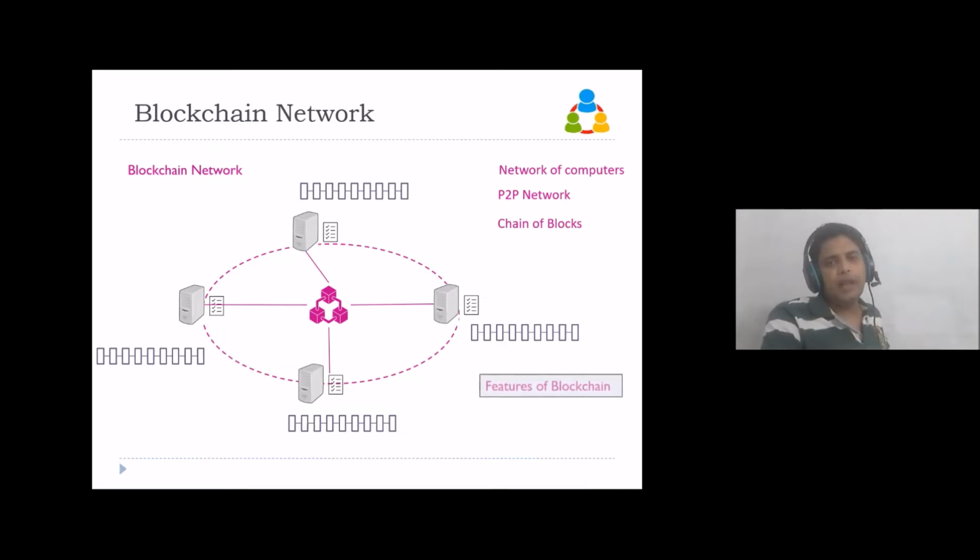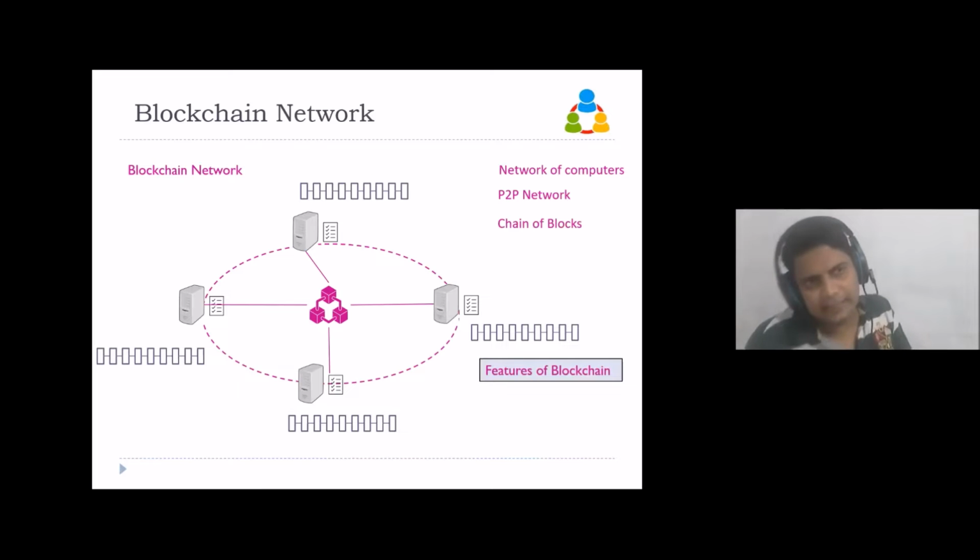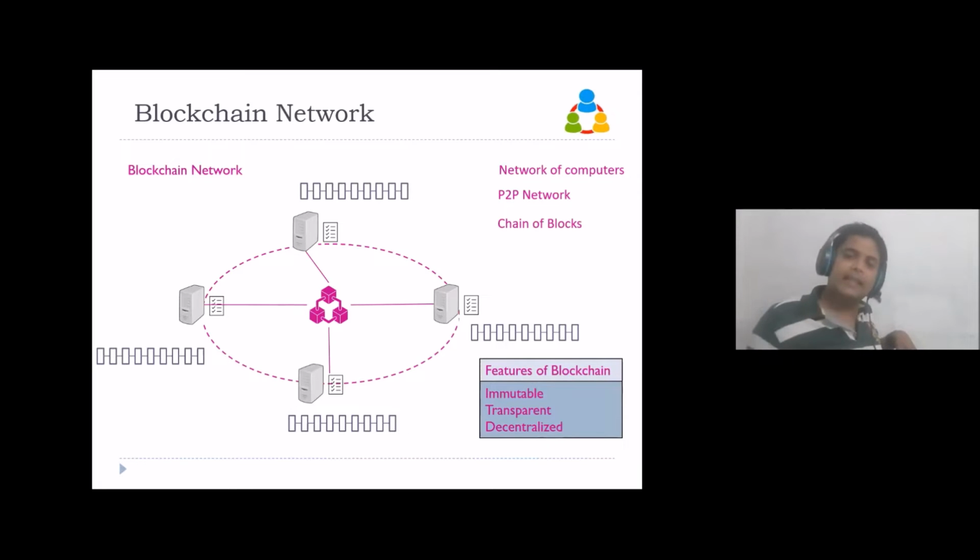There are certain features of a blockchain. When this technology came into existence, it came boasting of several features, so I'll talk about the primary features. It is immutable, transparent, and decentralized.